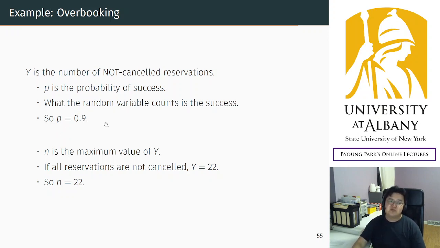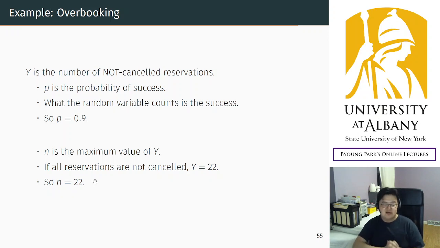So 90% is the probability that a ticket holder does not cancel and shows up at the airport, right? So P is 0.9, and the other parameter N is easier because you can think about the maximum. N equals the maximum possible value. In this case, the maximum possible value of Y is 22. If nobody cancels their reservations, then at the airport there would be 22 passengers, right? So N equals 22, right?